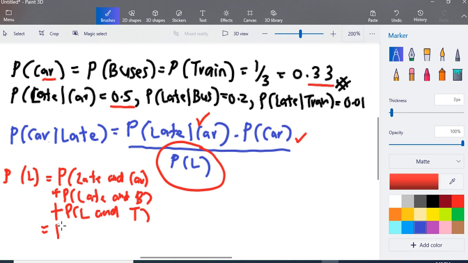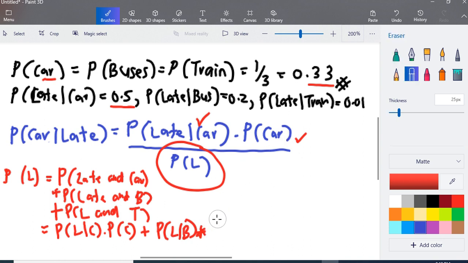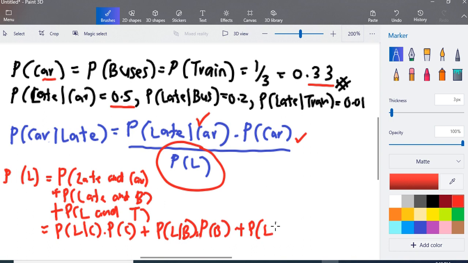Okay, so the formula will be P(late given C) times P(C), plus P(late given B) times P(B), plus P(late given train) times P(train).